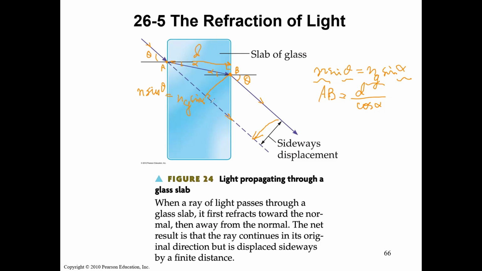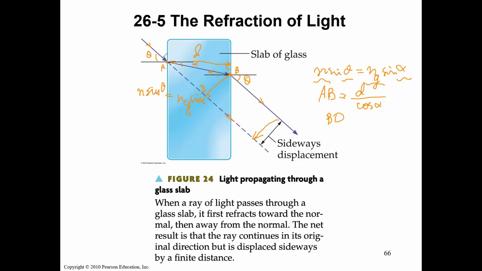Okay, but now if we know AB, we can actually calculate BD. Okay, let's say we draw a straight line from B to the dashed line, and we say the cross section or point is D. Then there's another triangle in here. Let's say what's the angle in here.